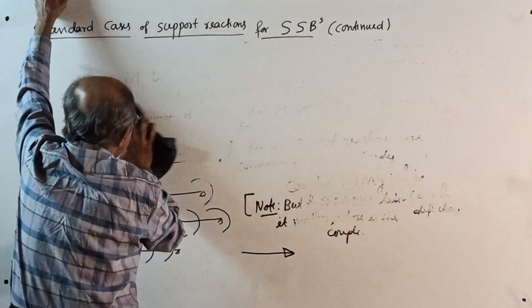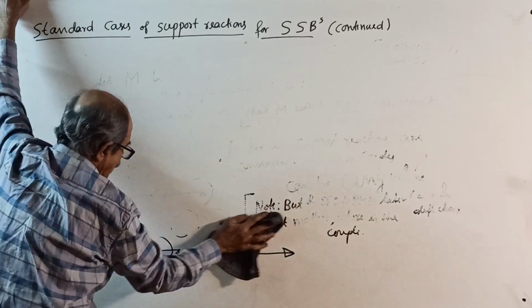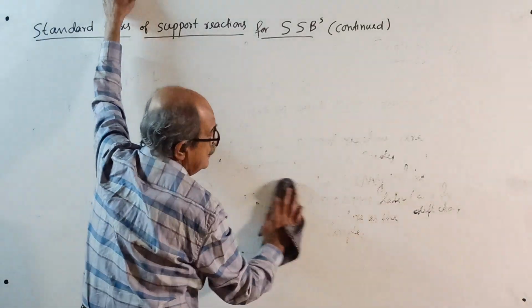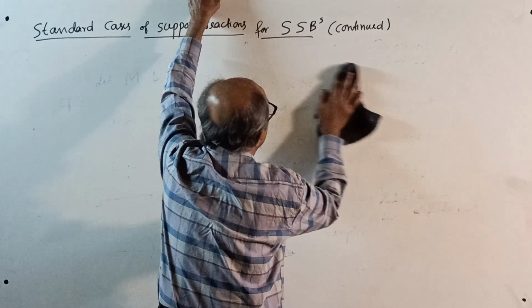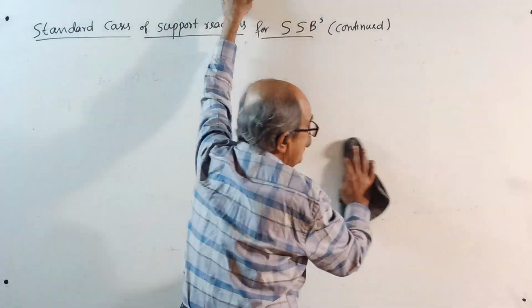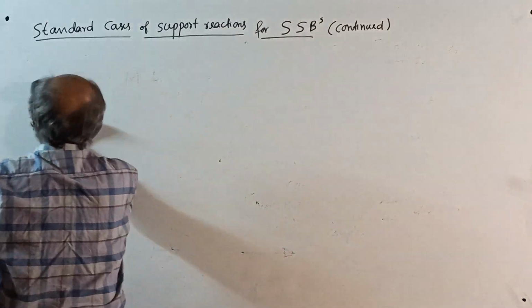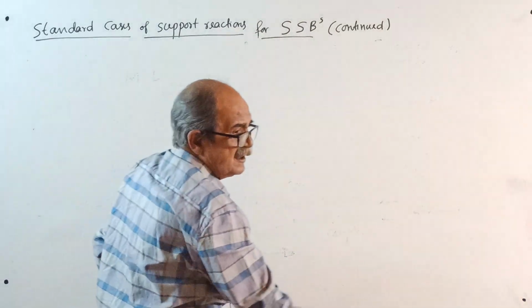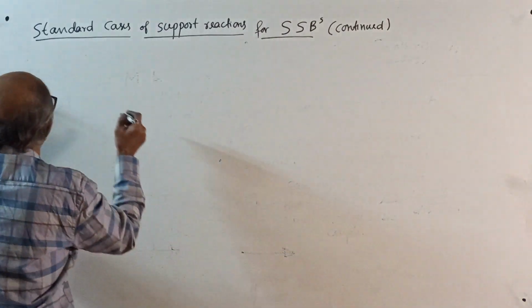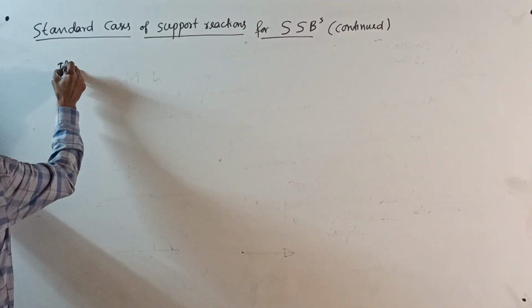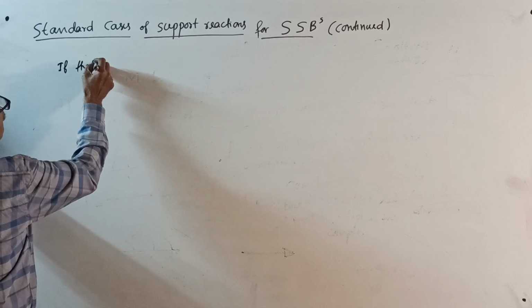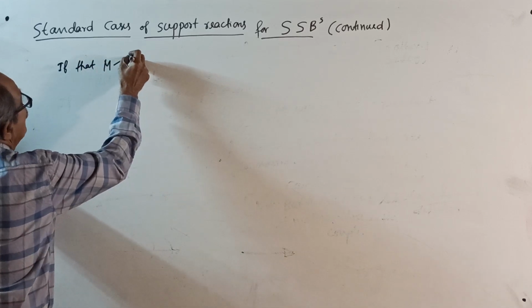There are two standard cases: one when the net couple, either a single couple or a net couple, is clockwise, and the other when the net or single couple is anti-clockwise. M is what?